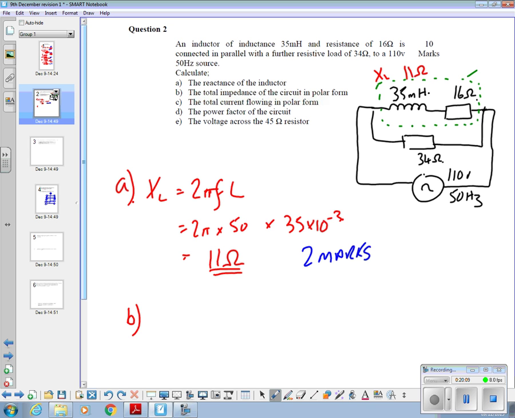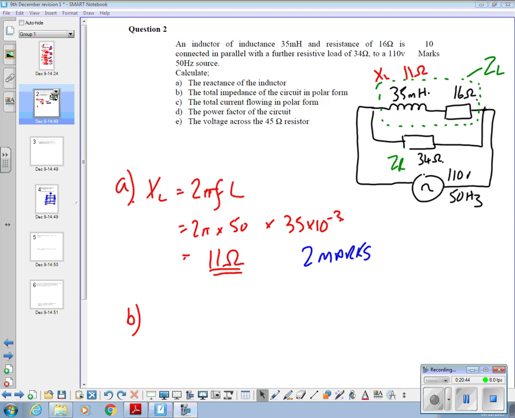So we could say that that is ZL, and this is ZR. If we combine those two together and call it ZL, and we call the resistor here, because we're AC, ZR. Now can you write an expression for the total impedance of that circuit in terms of ZL and ZR? Pause the video and see if you can do that.